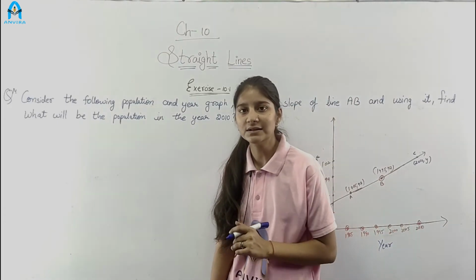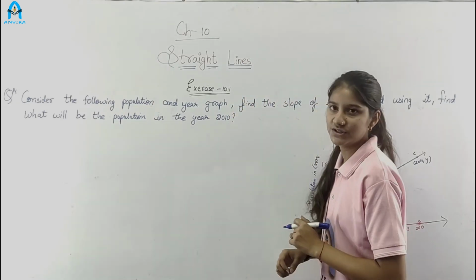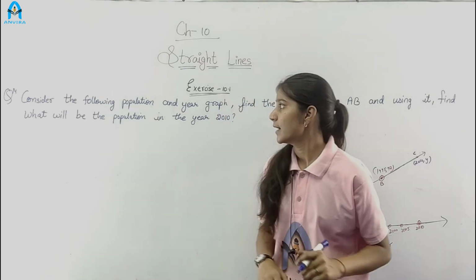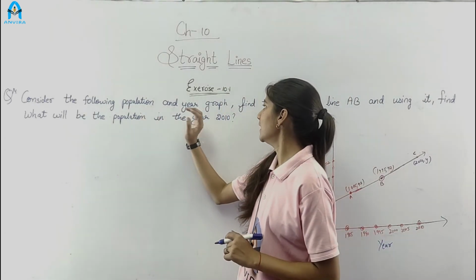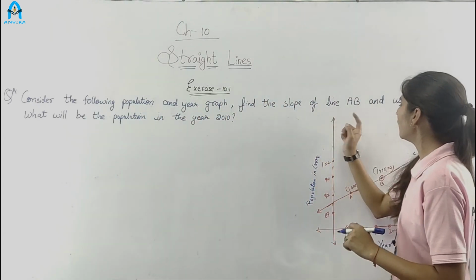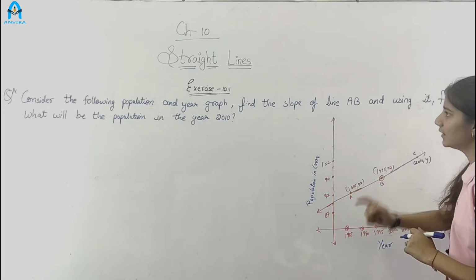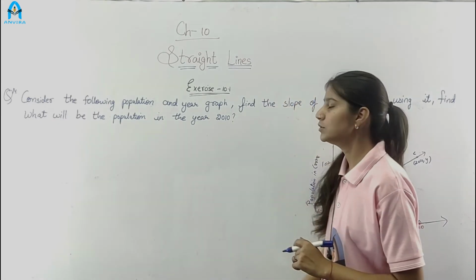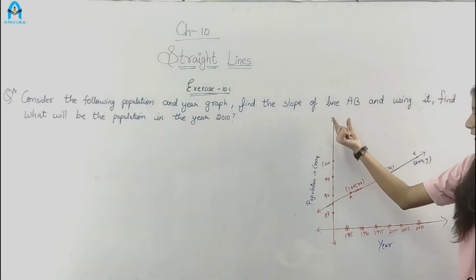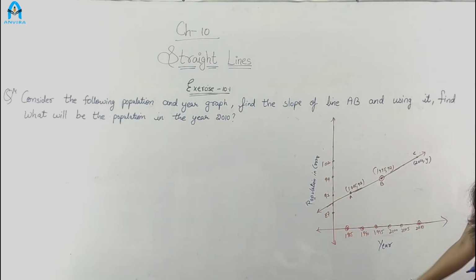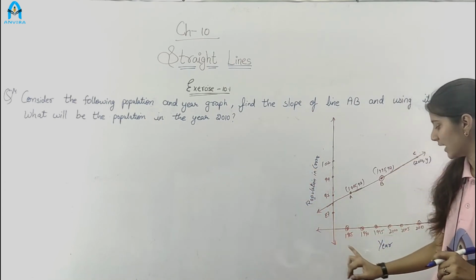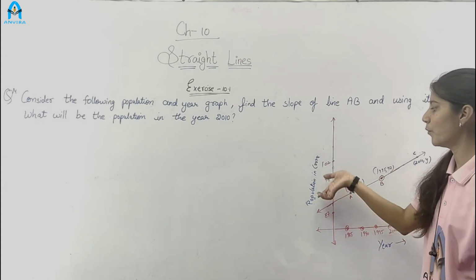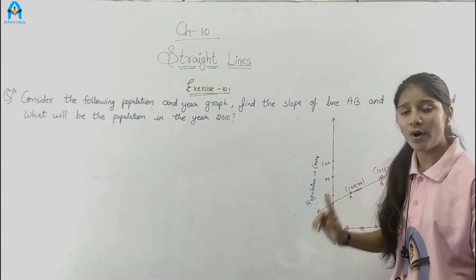Now let us consider the last question of this exercise, question number 14. Consider the following population and year graph. Find the slope of line AB and using it find what will be the population in the year 2010. Here we are given a graph in which years are given on the x-axis and population in crores is given on the y-axis.